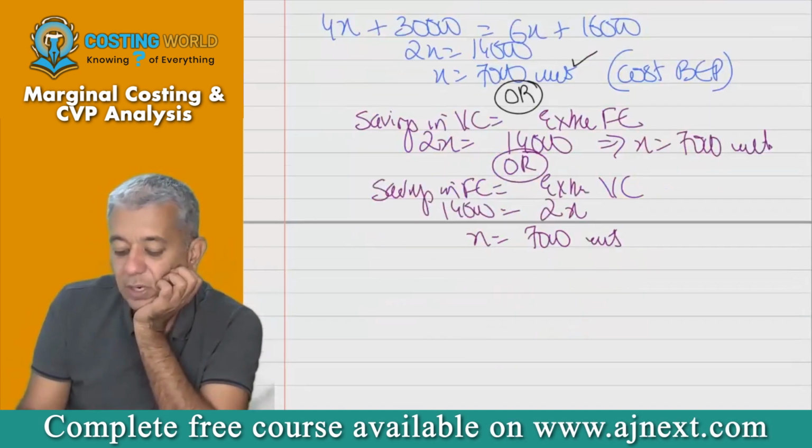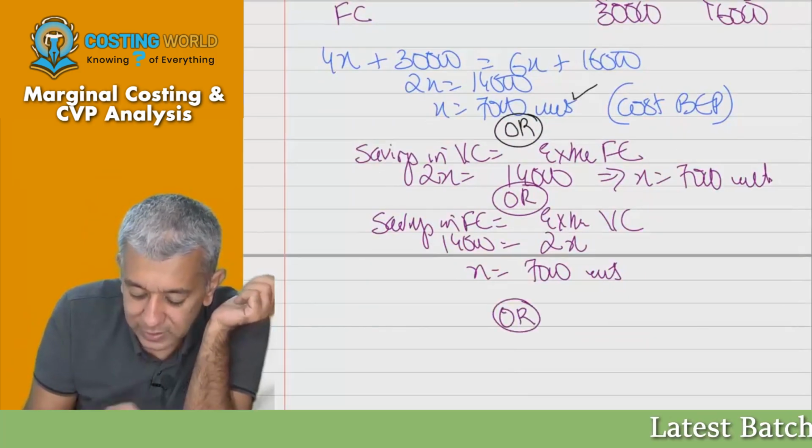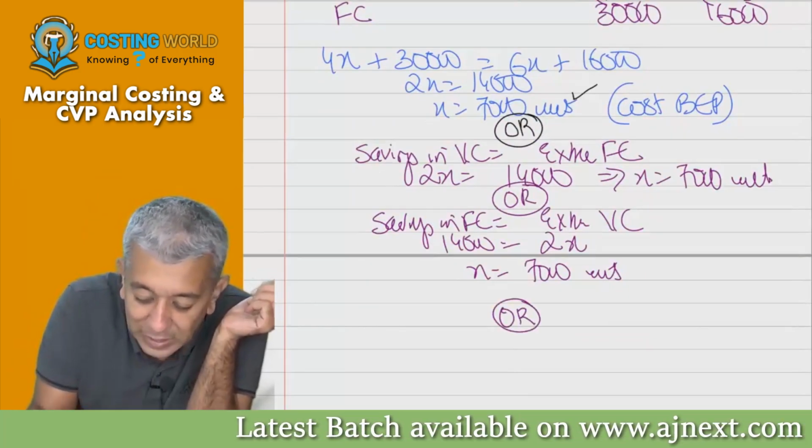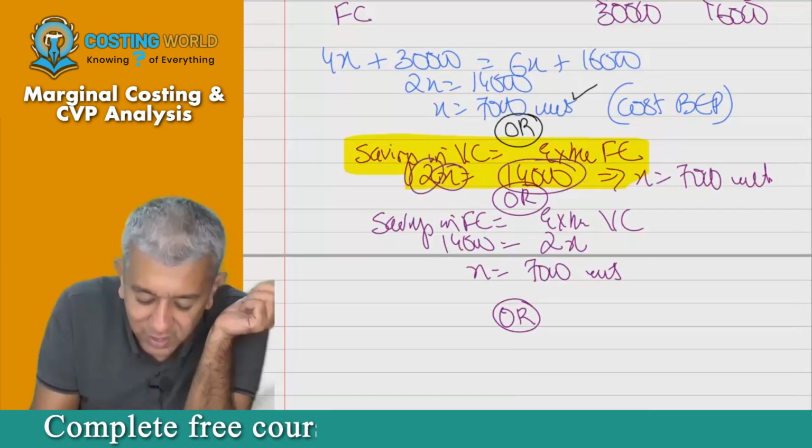Now for your exams, I am trying to make your job easier. Can we say X will be nothing but 14,000 divided by 2?